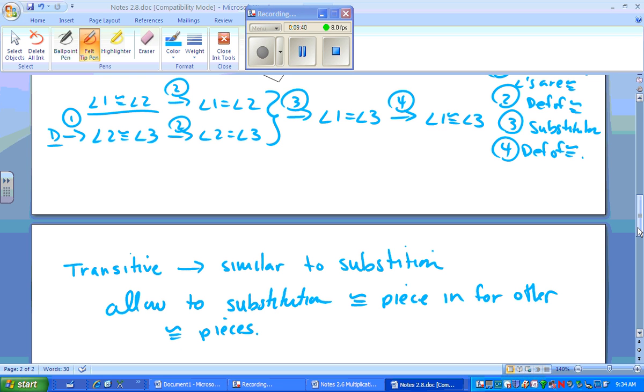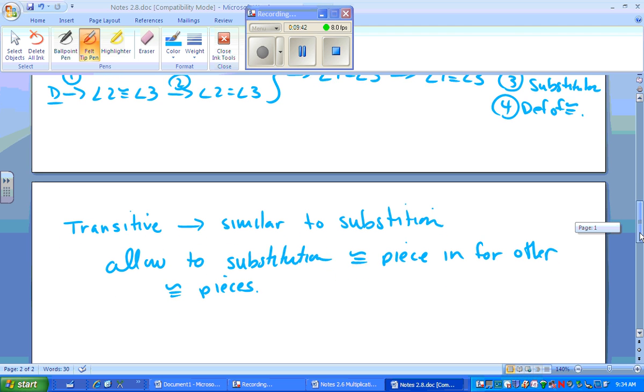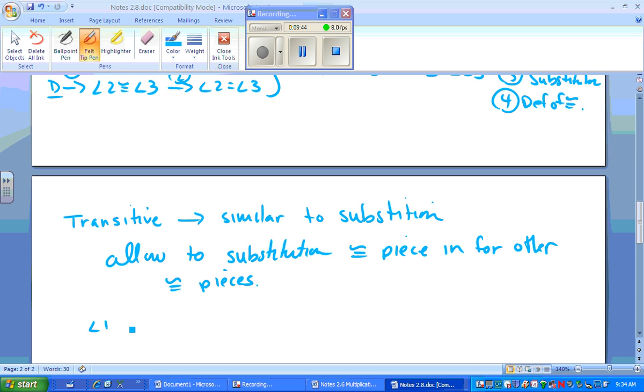What does that mean? Let's say we were using the proof above. We knew that angle 1 was congruent to angle 2. And then we had from the picture that angle 2 was congruent to angle 3, or you could say from the diagram, whatever. Instead of saying the equals and substituting, what you can do is bracket these two together and go straight into saying that, hey, guess what?